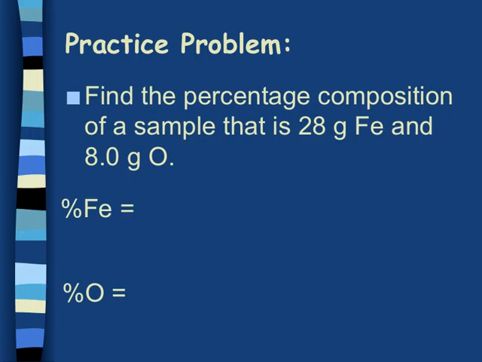Okay? This next one, I have taken my sample, I have done the analysis, and I got the results back that said I have 28 grams of iron in my sample, and I have 8 grams of oxygen. So now if I want to find what is the percent composition of my sample, what can I do?